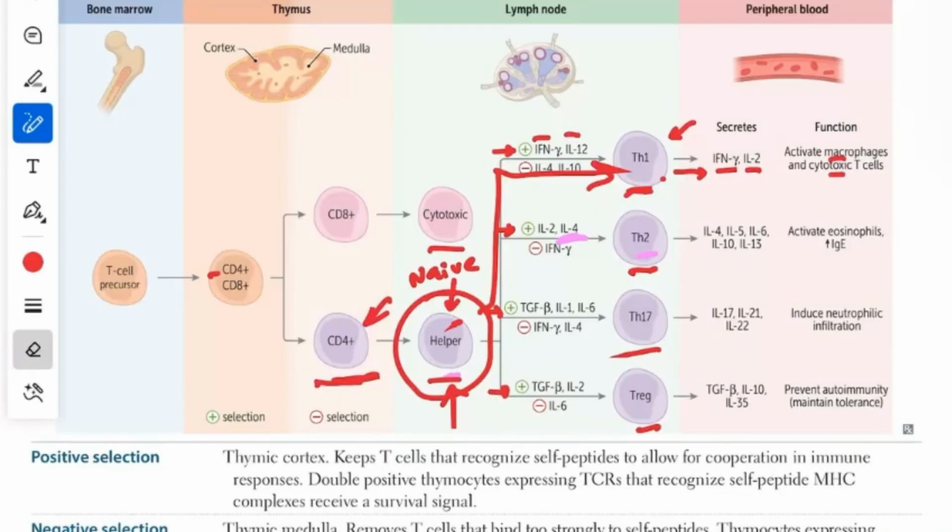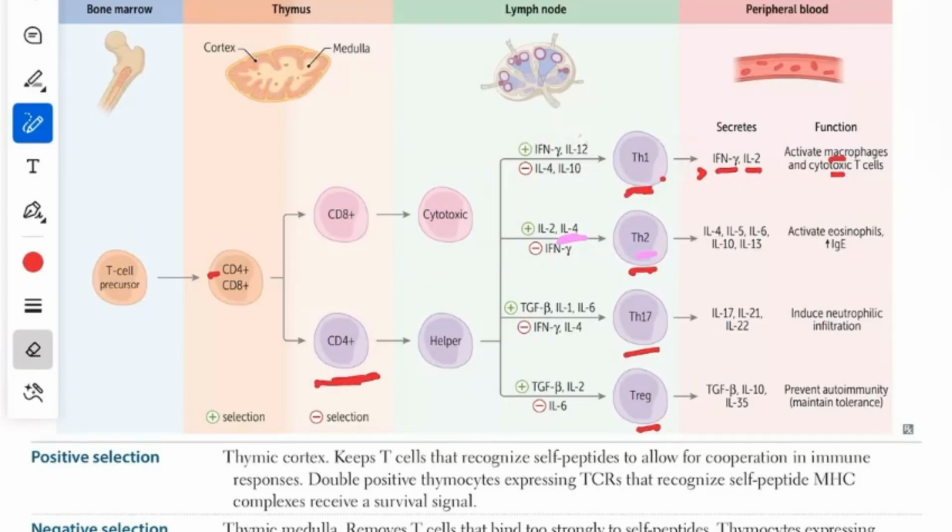Okay, so now moving on. We're done with Th1. It's the same principle for the others.